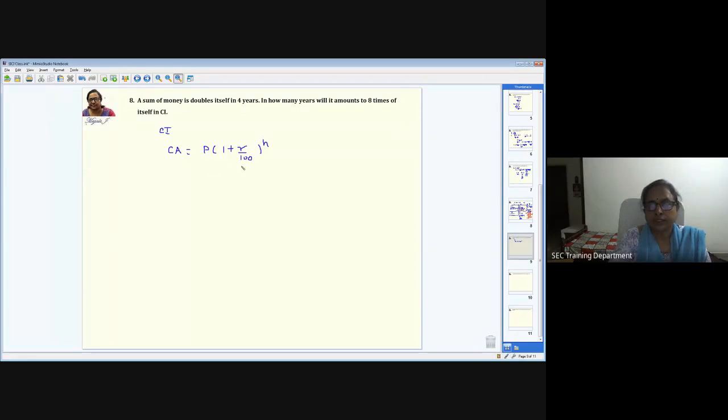That's the amount, right? And what is given here is this amount doubles in 4 years. So we have to replace this n by 4. When you calculate it for 4 years, you can see that the entire amount becomes twice the principal. It doubles in 4 years. Is this clear to everyone? Any doubt?